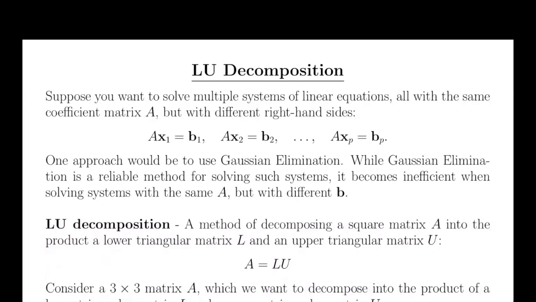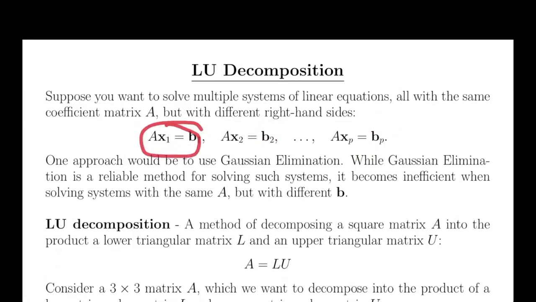Today I'm going to talk about LU decomposition. Imagine you're working with multiple systems of linear equations, like right here, and they all share the same coefficient matrix A, but they have a different right-hand side. The B's are all different. One way you can solve for X is to use Gaussian elimination.